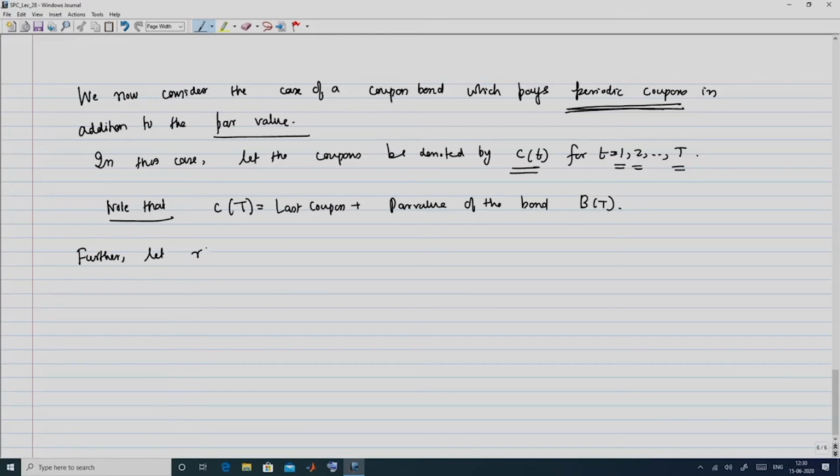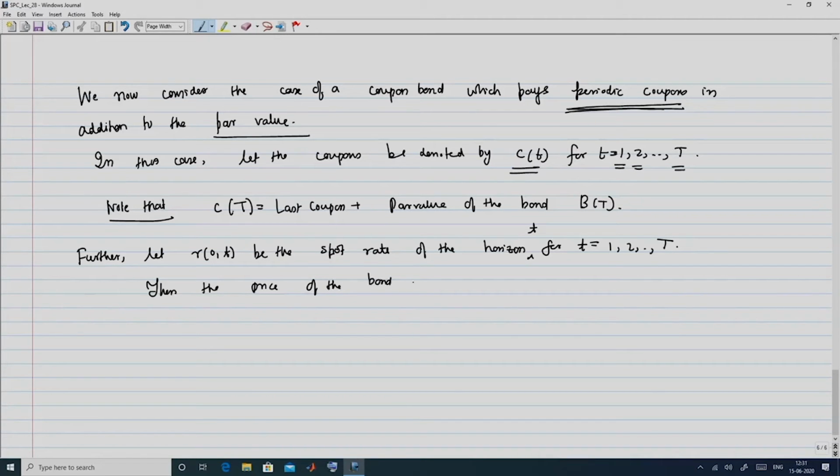Further, let r(0, t) be the spot rate of the horizon, for the horizon little t, for little t equal to 1 all the way to capital T. Then the price of the bond at time t equal to 0 is given by the following.